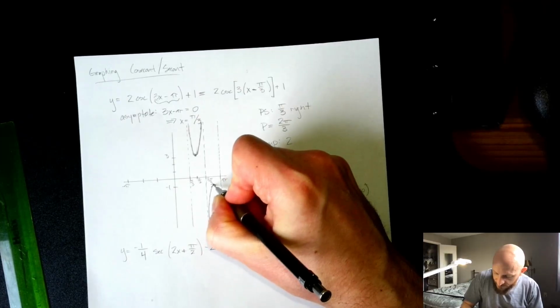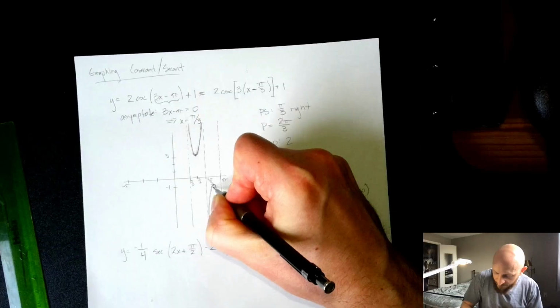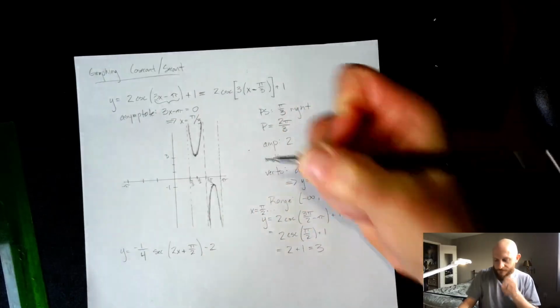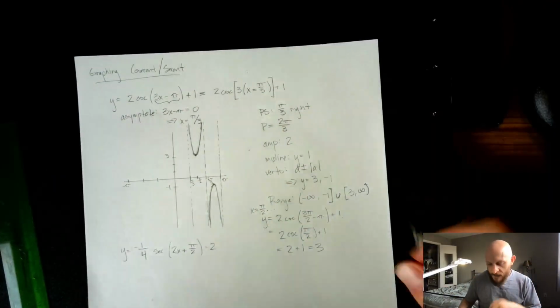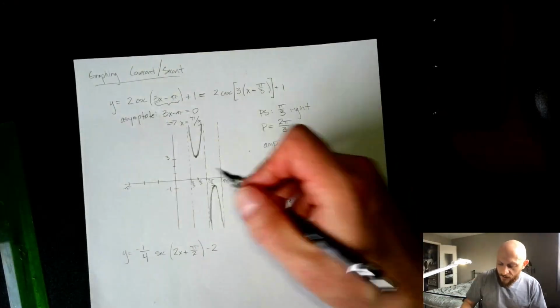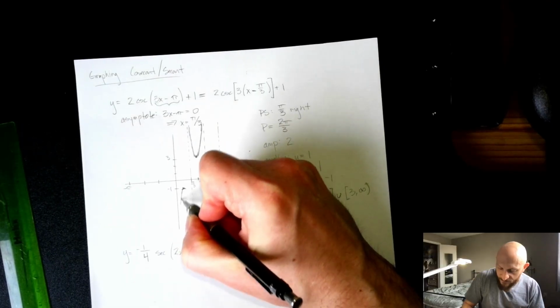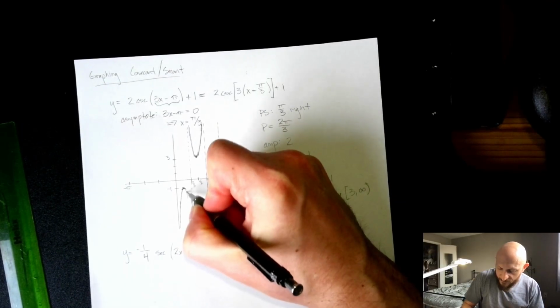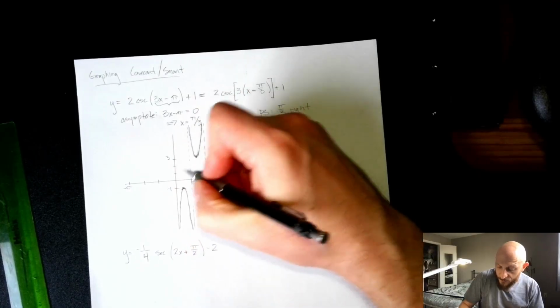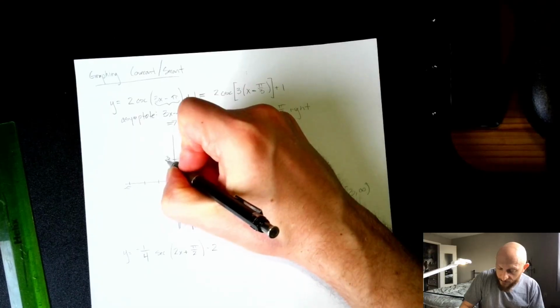Same thing, I'll try to make this look a little steeper. There's one period. If you needed to draw 2 periods, it's just the pattern. At this point, you shouldn't even need to think too hard about it. It's going to be right here, and there'll be one right here.